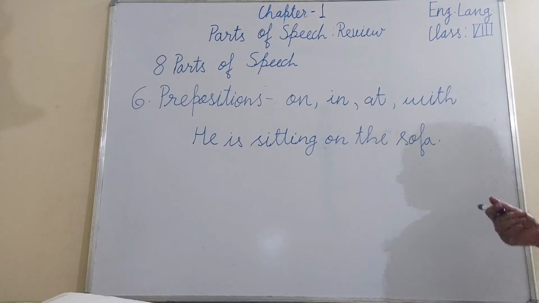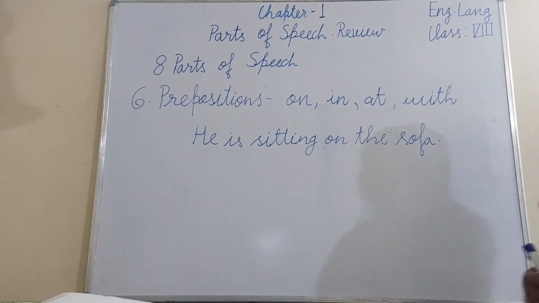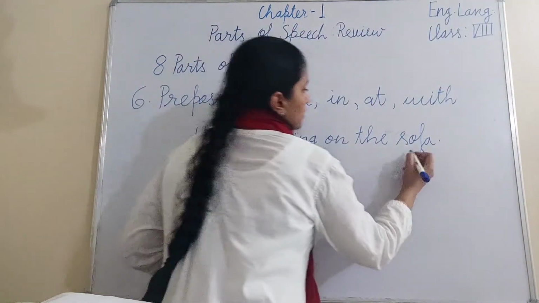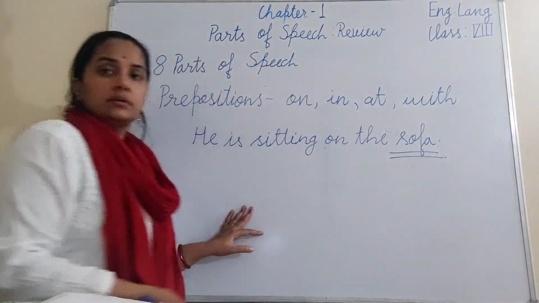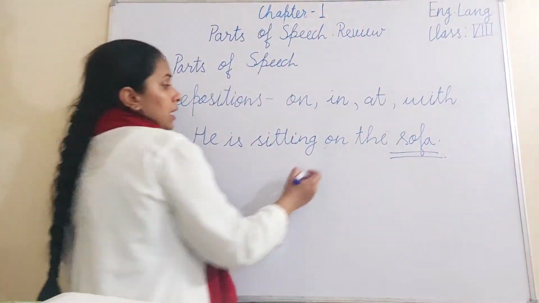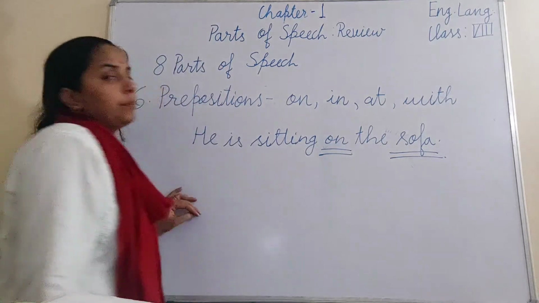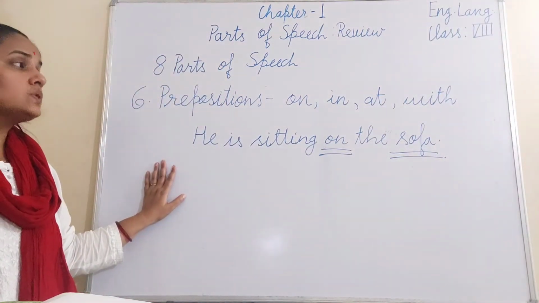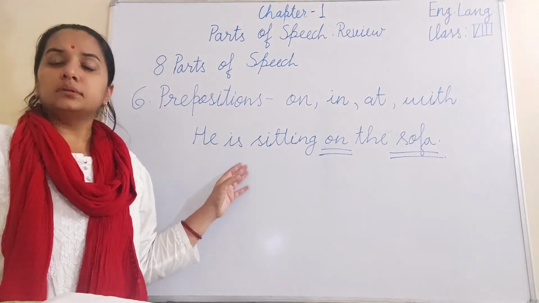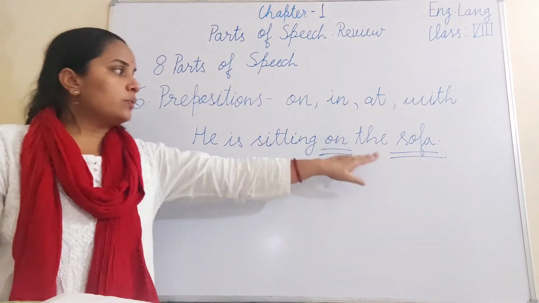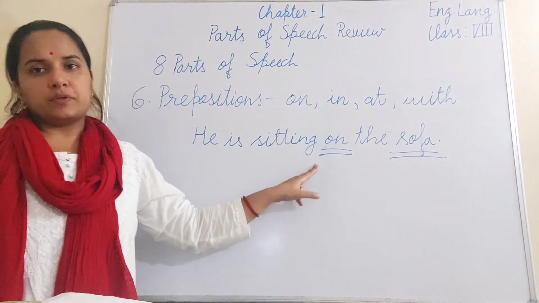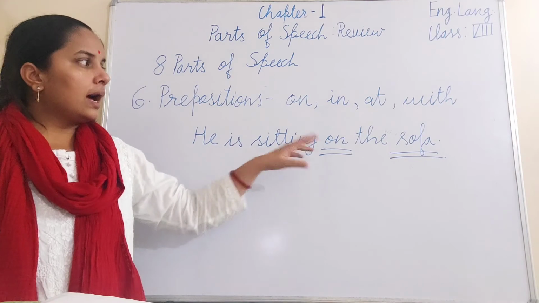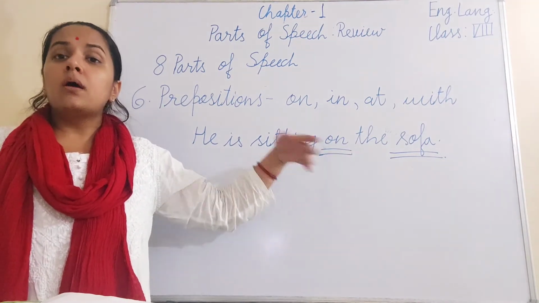So here, sofa is the noun and the preposition is used before the noun. The preposition here is used before the noun and it is showing the place.